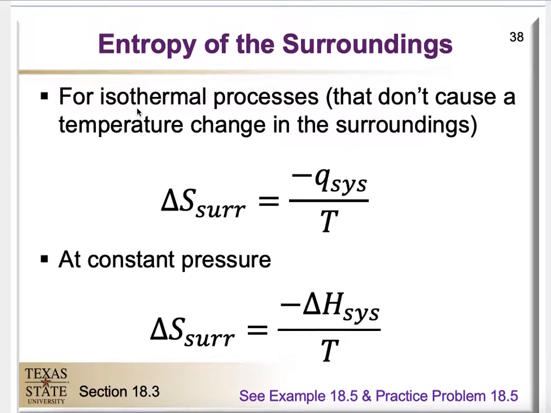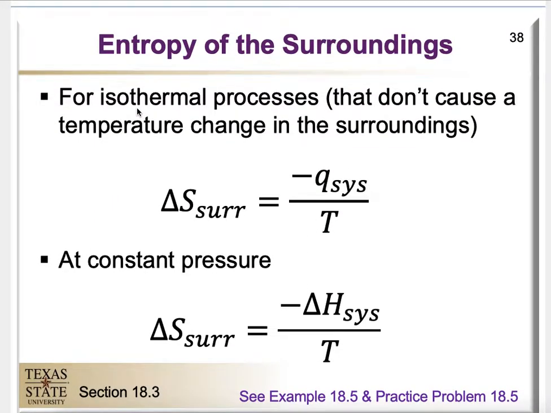So how do we calculate the entropy change for the surroundings? For an isothermal process, which is a process that doesn't cause a temperature change in the surroundings, we can calculate the delta S for the surroundings using this equation, where we have negative Q of the system. Q is the heat associated with the system, how much heat was gained or lost by the system in a particular reaction or phase change.